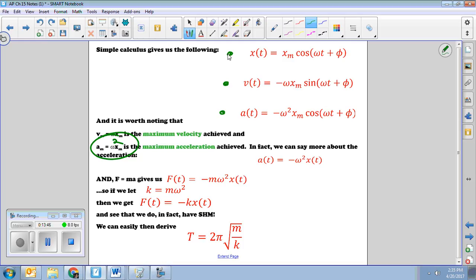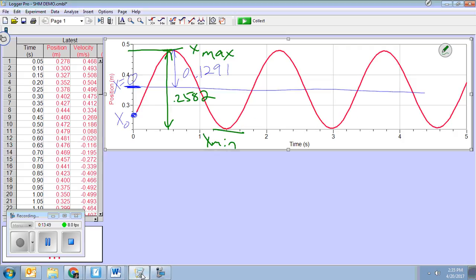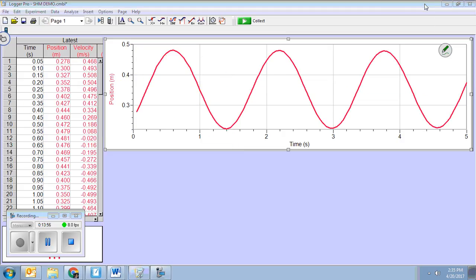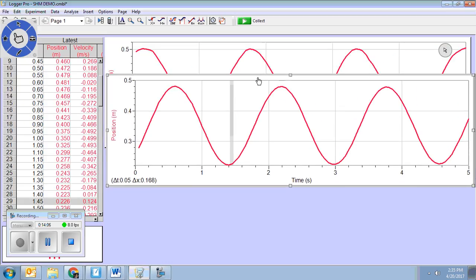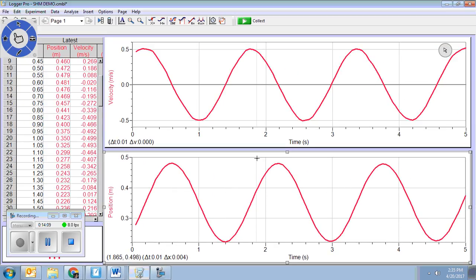All right, so if you go back and look at the graphs, here's our position graph, and there's our velocity graph. And notice it's just shifted by pi over 2 radians, which is how you get from cosine to sine, right? So it looks exactly the way you would expect it to. All right. What would the acceleration graph look like?